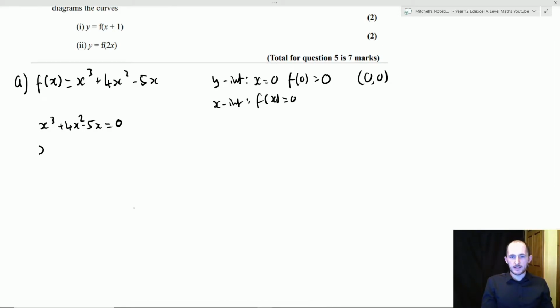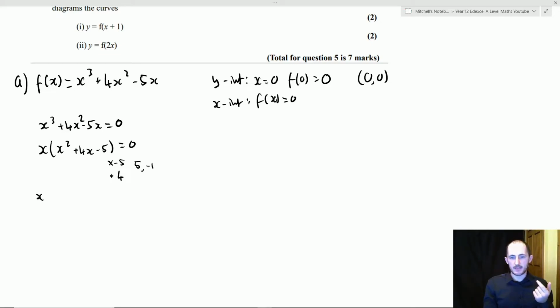So pull out an x, and we get x squared plus 4x minus 5 equals 0. So that x is what gave us the x equals 0 intercept. And now we need to factorize what's inside the bracket. So we're looking for something that multiplies to minus 5 and adds to plus 4. So you're looking for 5 and minus 1.